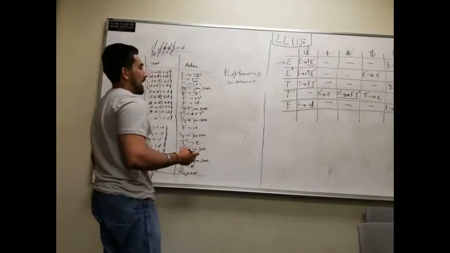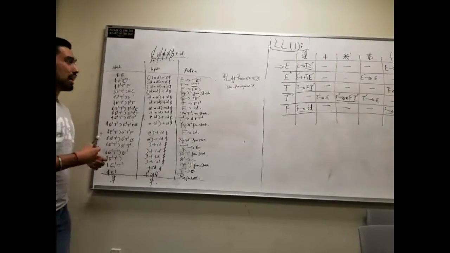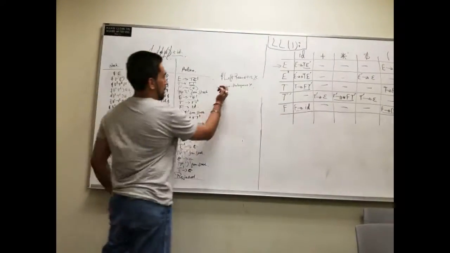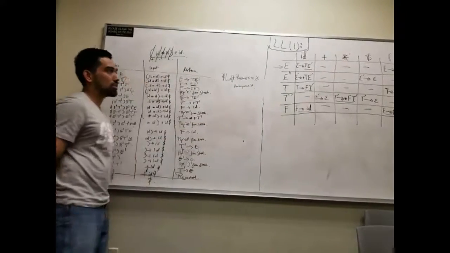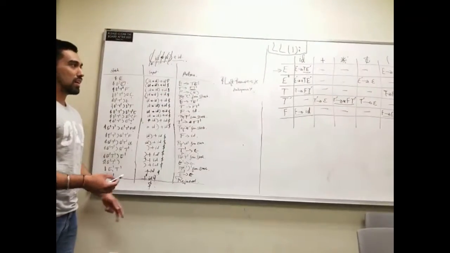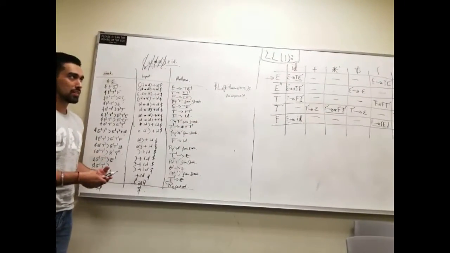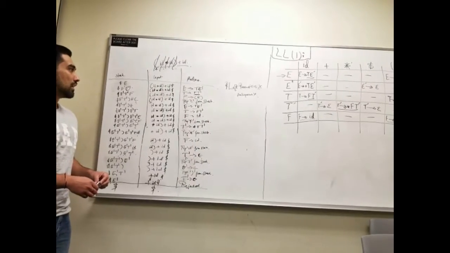So if your grammar has left recursion or if it is ambiguous, sorry, I'm going wrong, it should not be ambiguous. So if these two conditions are not satisfied, then you cannot do LL1 parsing. And yes, that's it.